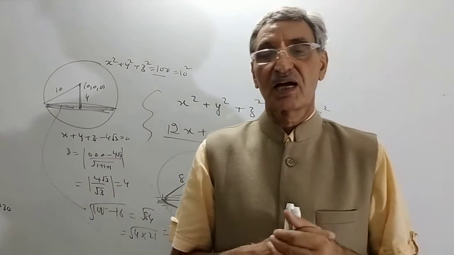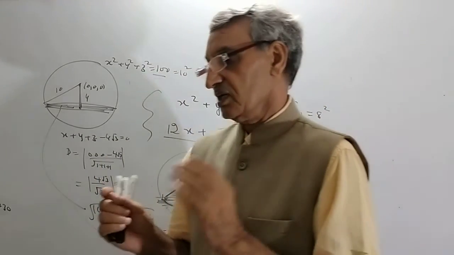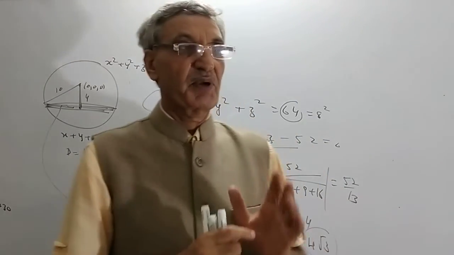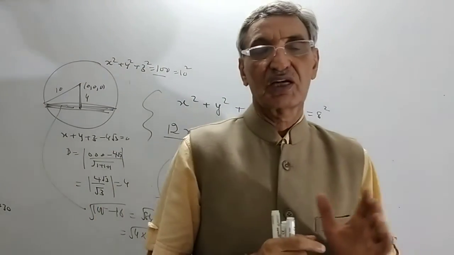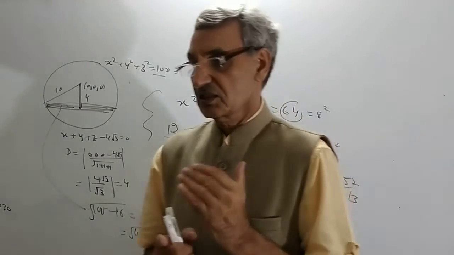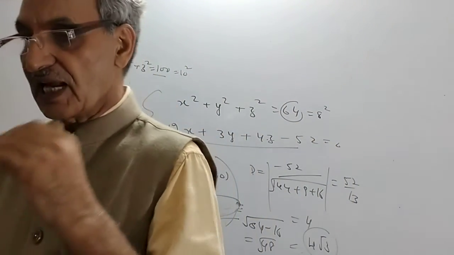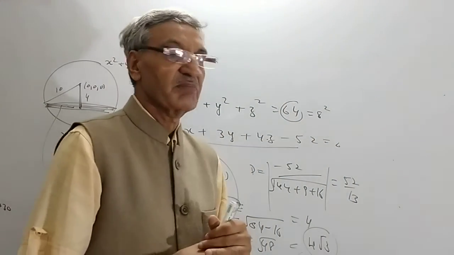And finally, I showed how to find the radius of the circular section. These are questions based on the sphere which can be asked in the examination, and have been asked.